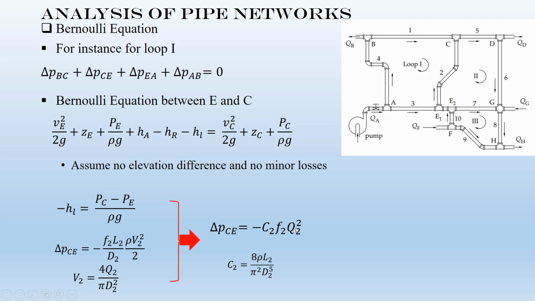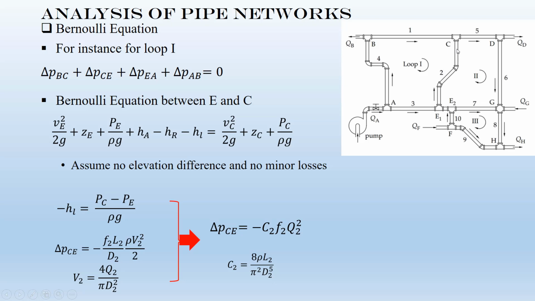What's the conclusion, guys? If you compare these two terms that we developed for delta P for these two pipes, you can see that when the fluid flow and loop directions are in the same direction, you can write the delta P equals plus Ci Fi Qi squared.